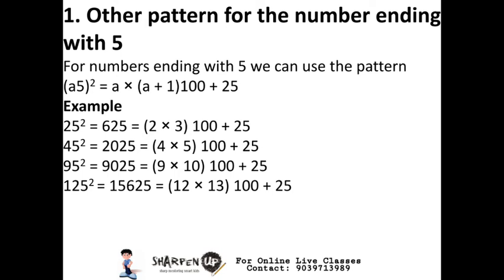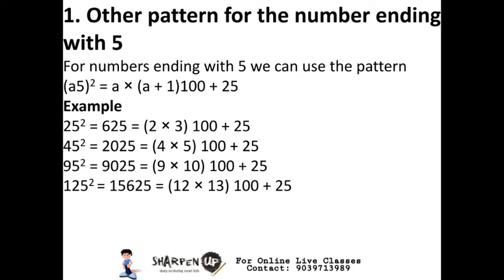Here is another pattern for finding the square of a number ending with 5. If any number ends with 5, we can find the square of that number by using this formula. Suppose the ones digit is 5, and the tens digit is a.